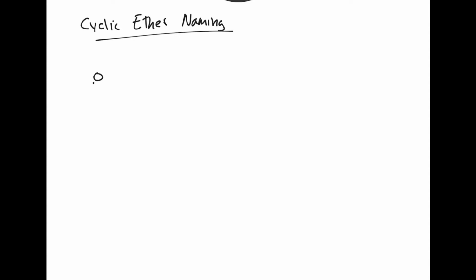So an ether with a 3-membered ring is an epoxide or oxirane. So there's two different conventions for naming epoxides. I'm going to teach you both so that you can use whichever one is easier for that particular molecule.